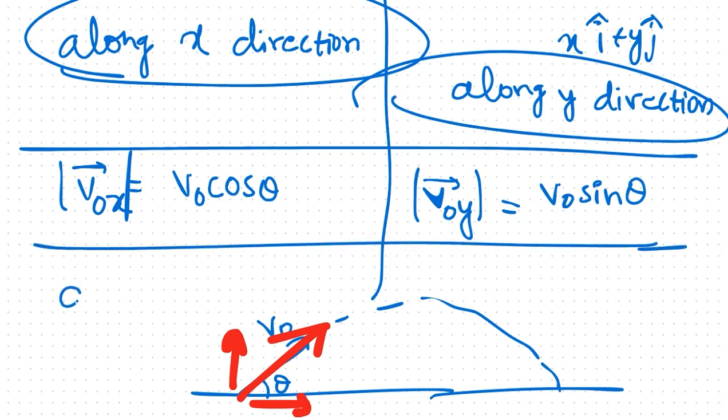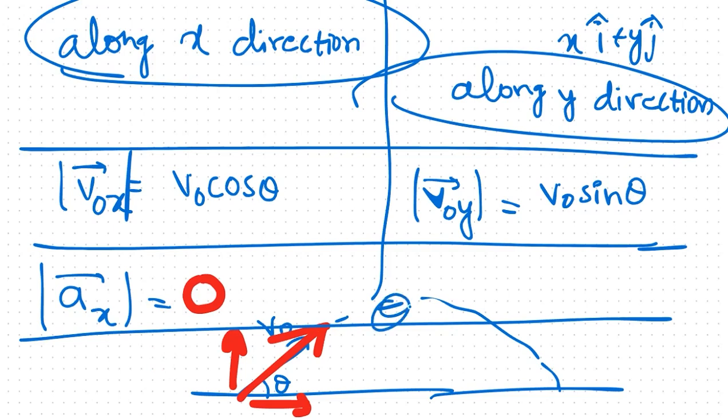Along x direction, what is the acceleration? 0. If acceleration is 0, what do you understand? What can you comment on velocity? Velocity will be constant, so same throughout. So wherever the ball is, its x component doesn't change, constant velocity.